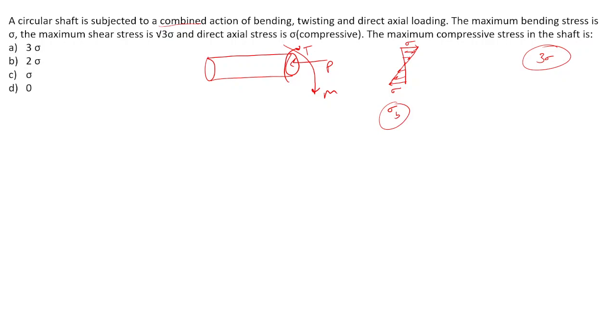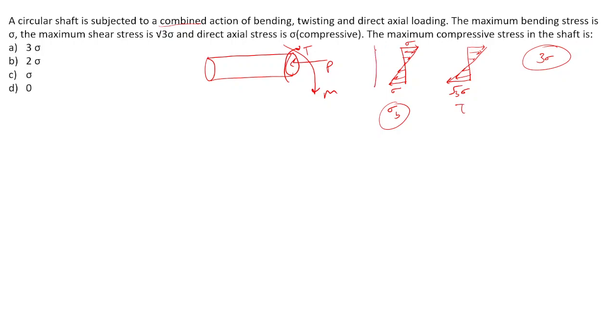And now coming to the maximum shear stress. How will shear stress vary across the cross section? It will vary in the same way, in the opposite direction at the other point. This is root 3 sigma, and this is the tau.